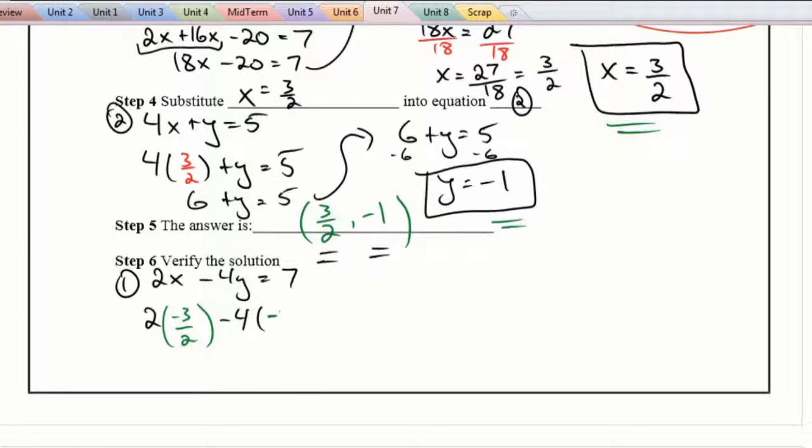So that was my y, is 7. Why did I get a negative 3 over 2 there? That was silly. Not sure where I got my negative from, but it's just positive 3 over 2.